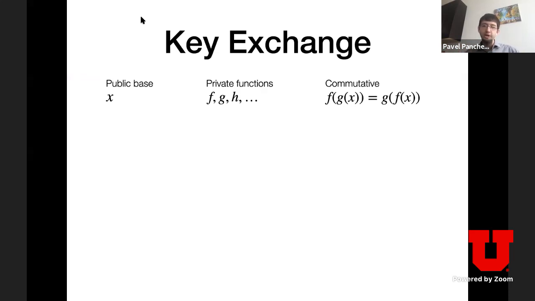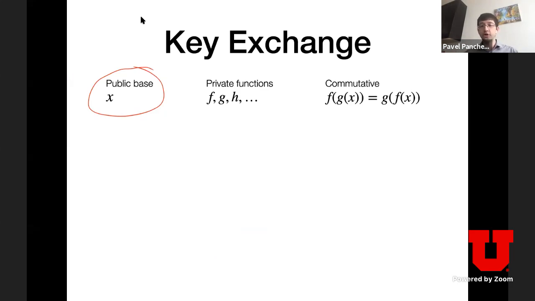So here's the key ingredients to a key exchange algorithm. Key exchange starts by having some public information, which we call a base, or sometimes we call it a point, or sometimes we call it a generator. Doesn't matter, I'm gonna call it X.